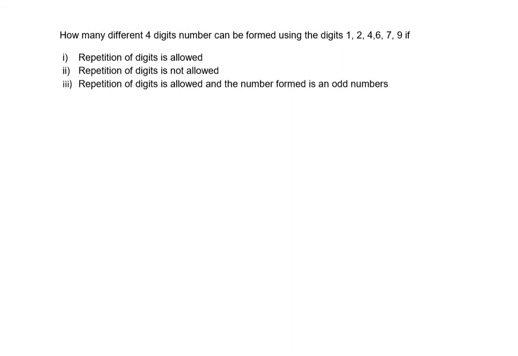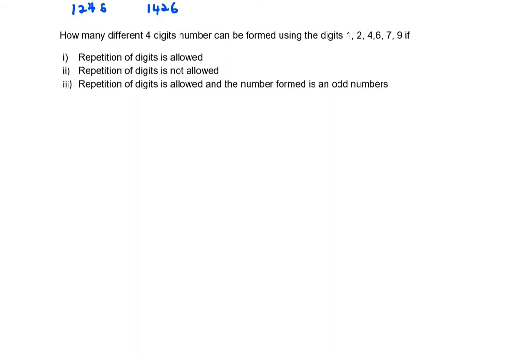So we know that when we arrange digits, the order is important, because the way we arrange 1, 2, 4, 6 and the way we arrange 1, 4, 2, 6 are two different ways, right?